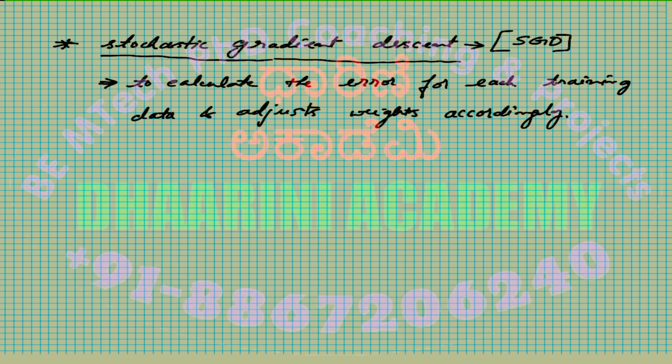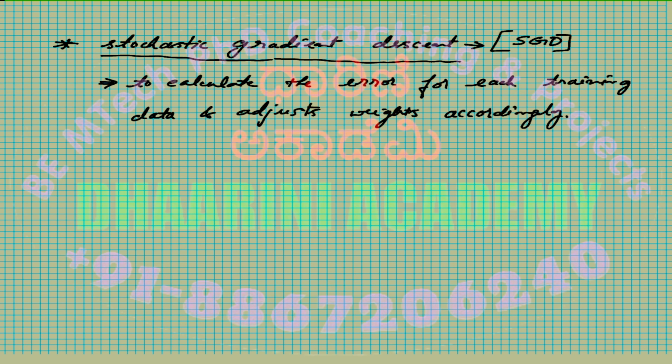For example, if we have 100 training points or 100 training data, SGD actually adjusts the weights how many times? 100 times. Every time you give the data, the weight should get adjusted accordingly. Adjustment may be 0 or adjustment may be by a certain amount, right? So that is the overall idea here. However many times you train, so many times the adjustment has to happen.